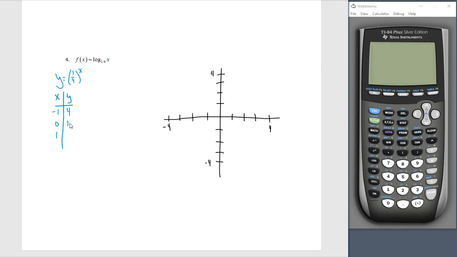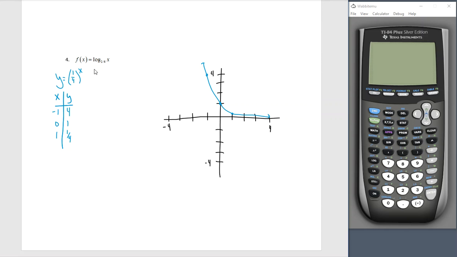So when x is 0, 1/4 to the 0 is 1. And 1/4 to the first power is 1/4. Notice this one looks a lot like our 1/2, only it's steeper. And our decreasing graph gets super close to the x-axis, but never actually touches it.